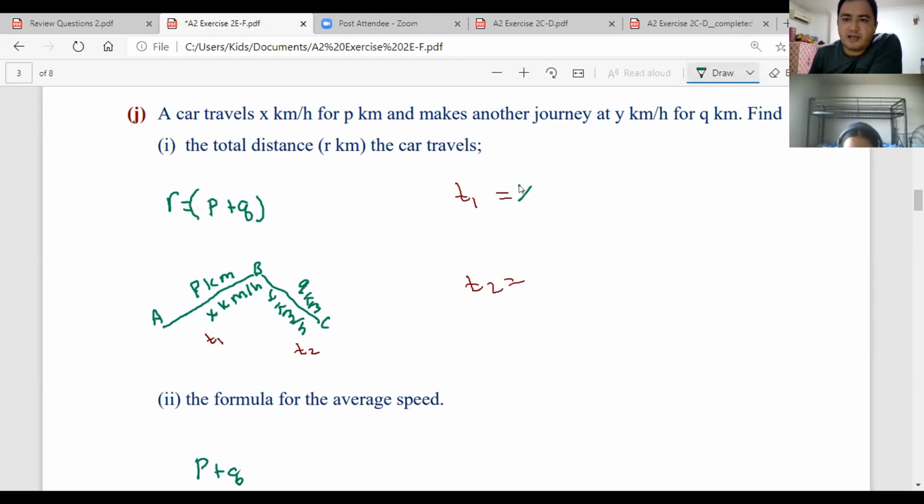First write T1 and T2. T1 equals, T2 equals. Write that one smaller, just like a subscript.